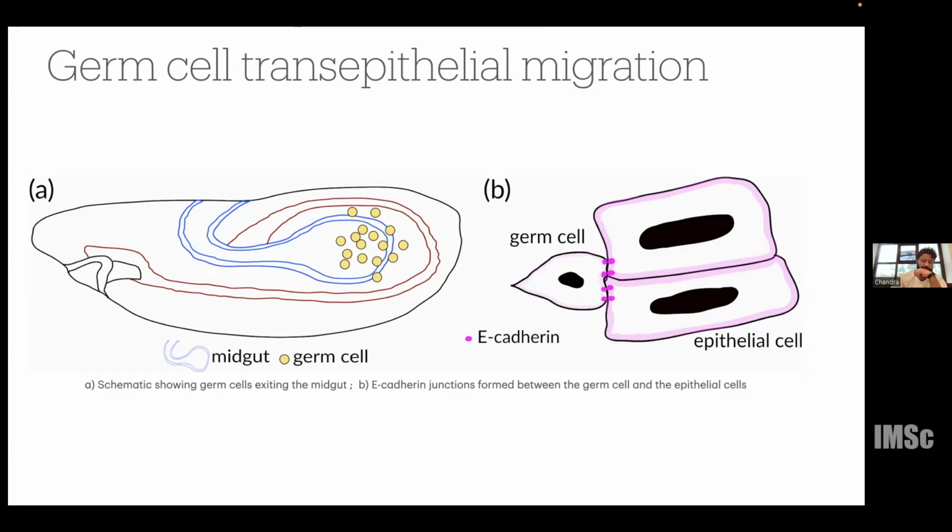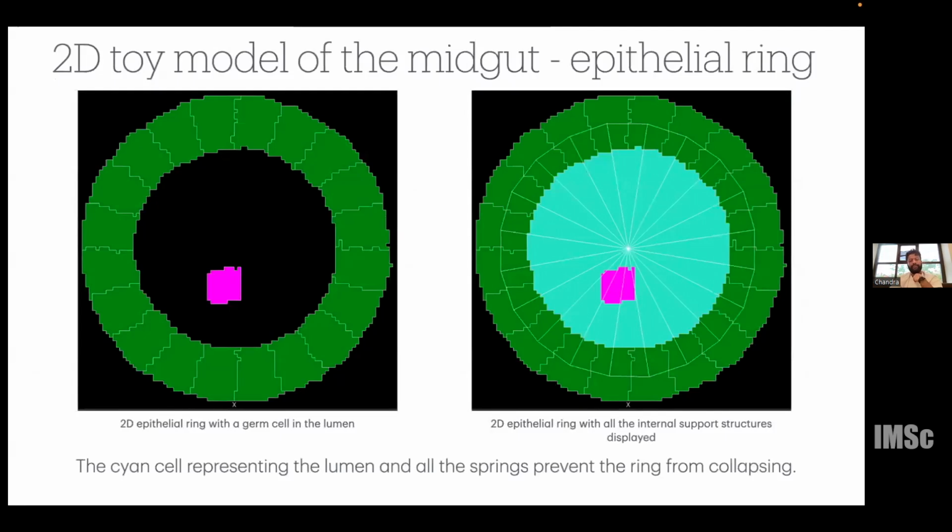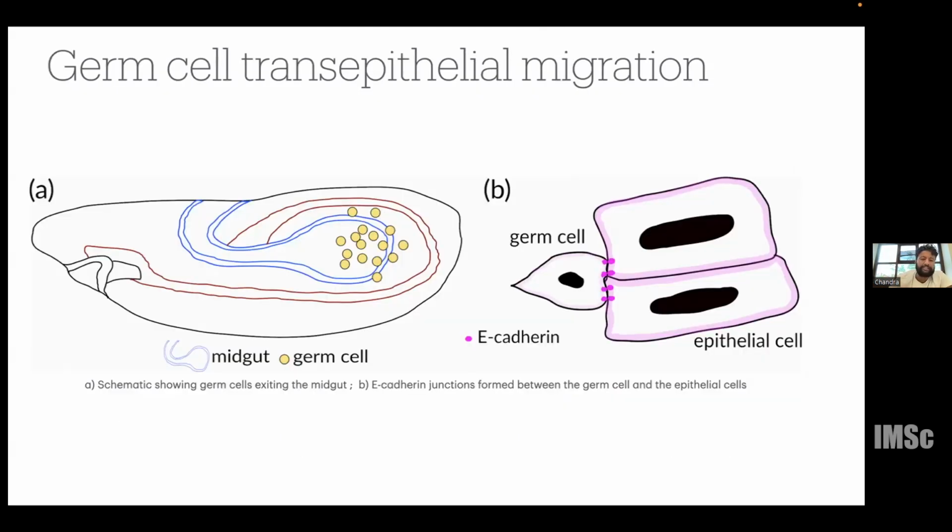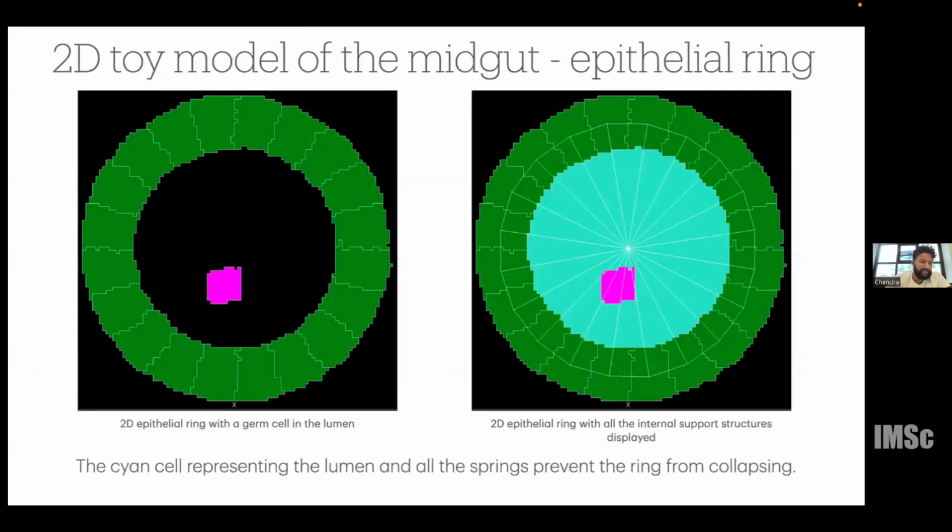In order to test our hypothesis, we obviously wanted to reduce everything to 2D. If you take the sac and slice it at a certain angle, you get a circular ring of epithelial cells. And conveniently, because the germ cells exit as individual cells, we can understand this process by taking one germ cell exiting.